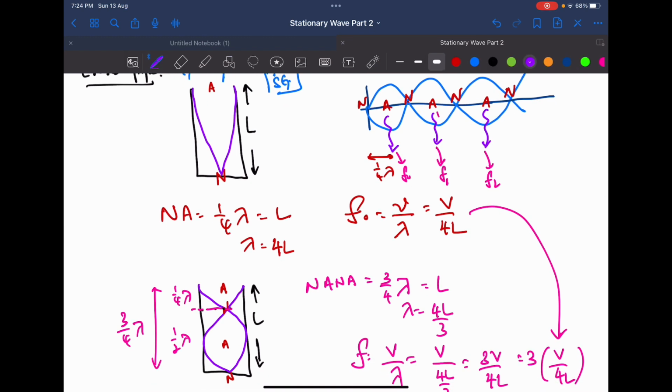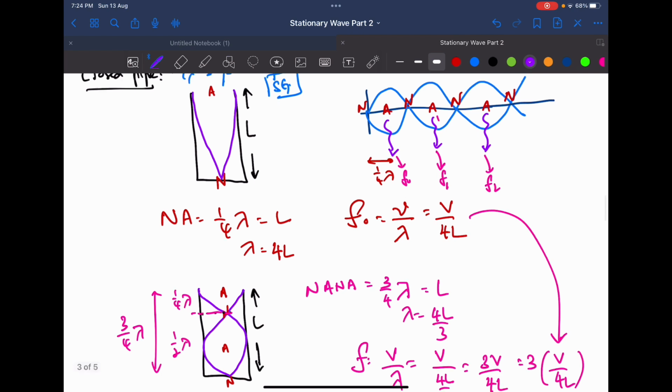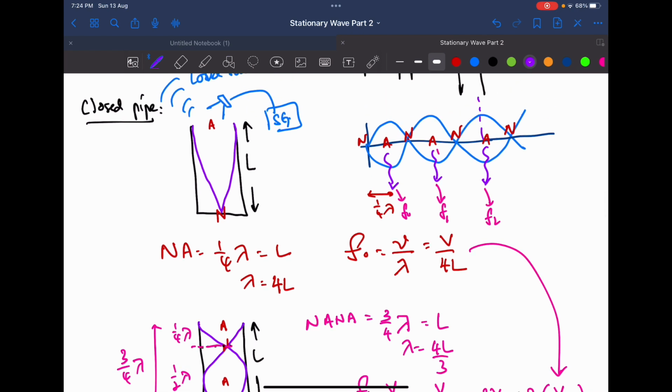In this case, for F2, we need to find out how many lambda this is from here to here. This is 1 lambda from here to here, and this one is quarter lambda. So this will be 5/4 lambda.